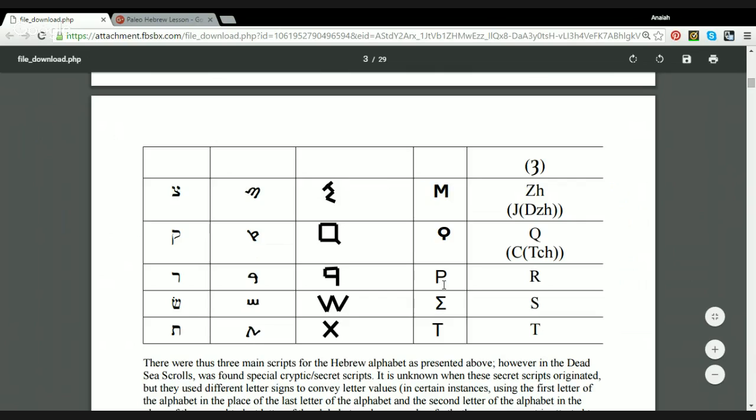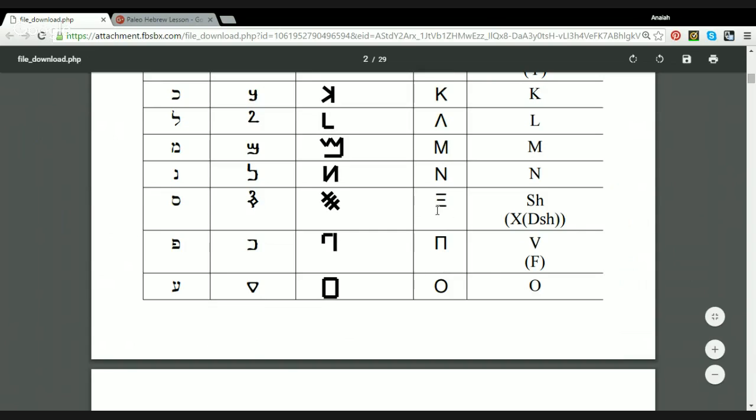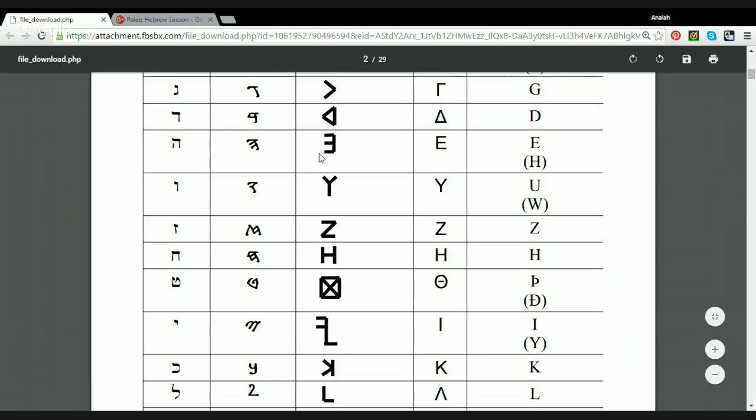Resh. And this is rho. Shin. This is sigma. And tav or tau, and the same thing. So you see the clear correspondence. The letters look so much identical. The Greek sigma, the Greek S, looks exactly like the Paleo Hebrew there. The R looks the same, the Q's, O's, P's, everything. Pretty much an exact correspondence.